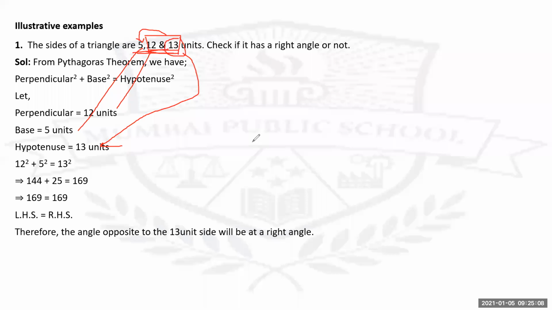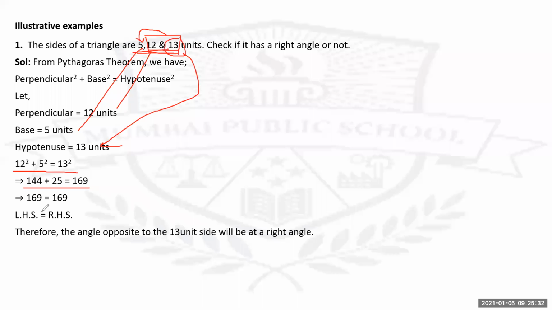Understand this. Now you find the squares of these numbers. We have already done this. You'll get 12 square plus 5 square equals to 13 square. Now what is square of 12? 12 square is 144. 5 square is 25. So what you will get? 169 equals to 169.